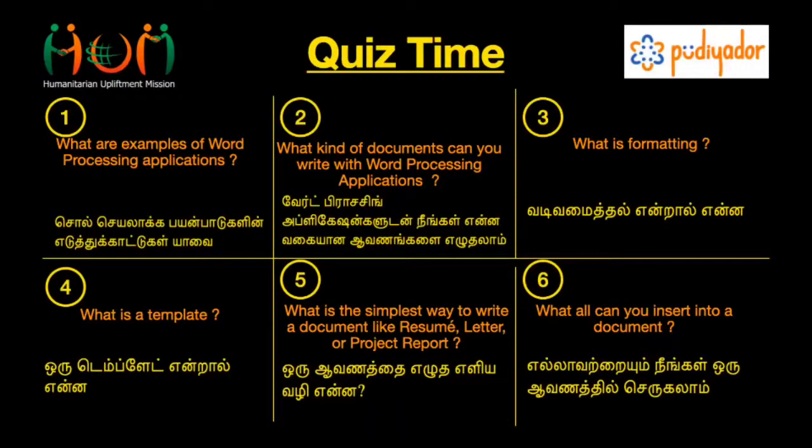Paragraph formatting, list bullet formatting. Correct. Page formatting. So, correct. You can do page formatting, document formatting, paragraph formatting, then list formatting, bullet list formatting, right? All of that is formatting. Thank you. Next question, Vinod.